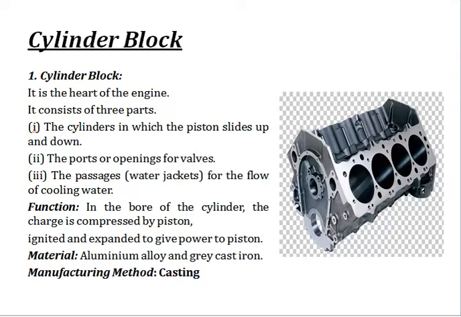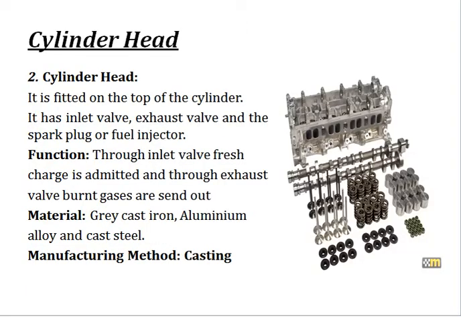Now the next component we will discuss is the cylinder head. What is the cylinder head basically? The cylinder head is on top of the cylinder block, and it has the mountings for the inlet valve, exhaust valve, spark plug in the case of a petrol engine, injector in the case of a diesel engine, and also the camshafts.